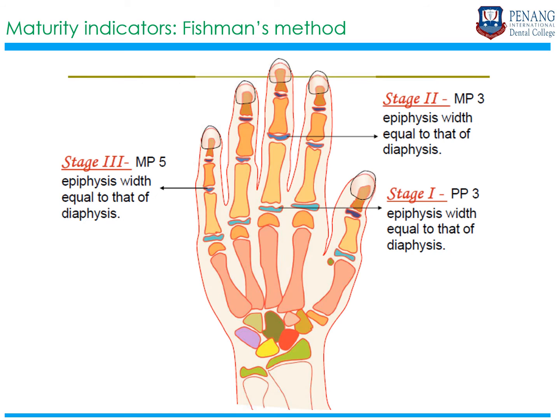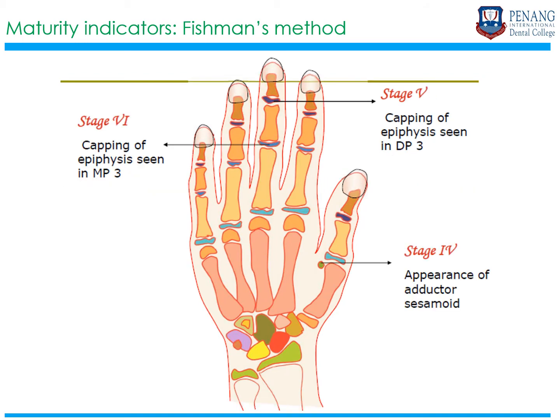In stage 1, the proximal phalanx of the third finger shows the epiphysis and the diaphysis to be of equal width, while in stage 2, the medial phalanx of the third finger shows equal width of the epiphysis and diaphysis, and stage 3, you'll have to see the fifth finger, the medial phalanx on the fifth, the epiphysis and the diaphysis are of the same width.